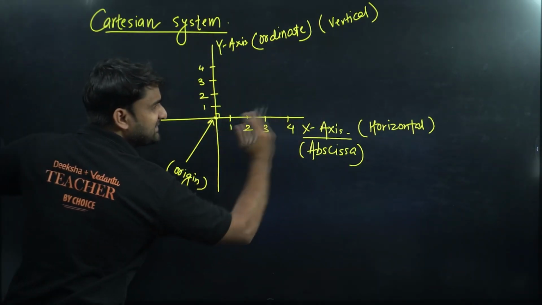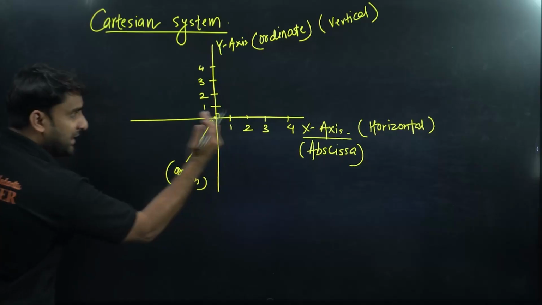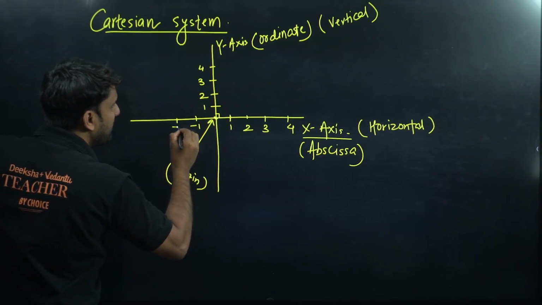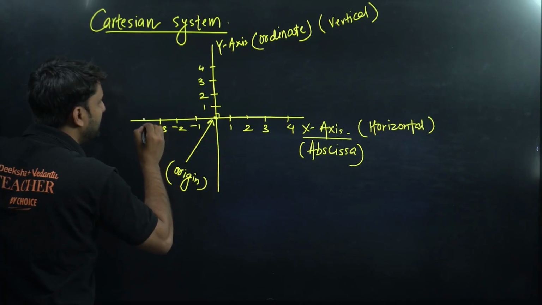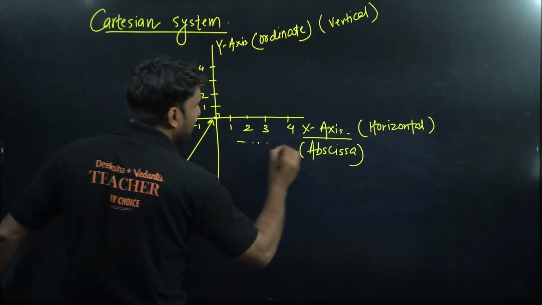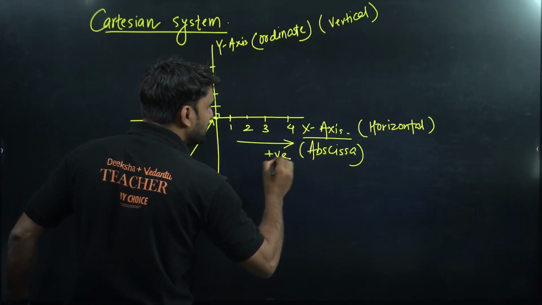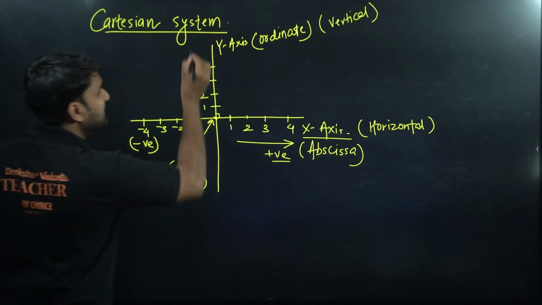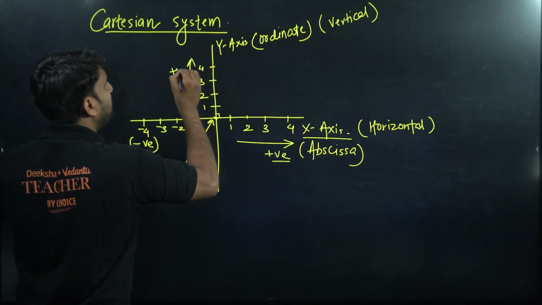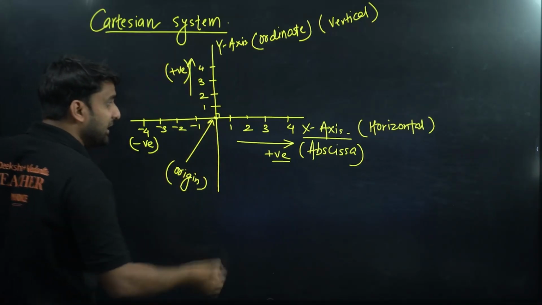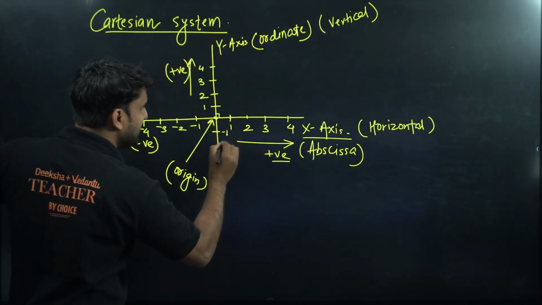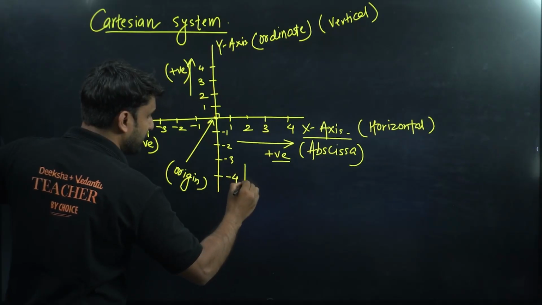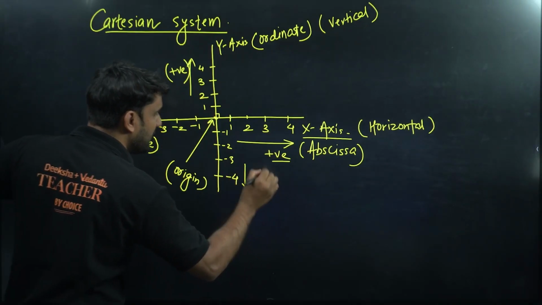Here x remains positive, and on the left side x is negative: -1, -2, -3, -4. It means in this direction x is positive, in this direction x is negative, in this direction y is positive, and similarly in the downward direction y is negative.